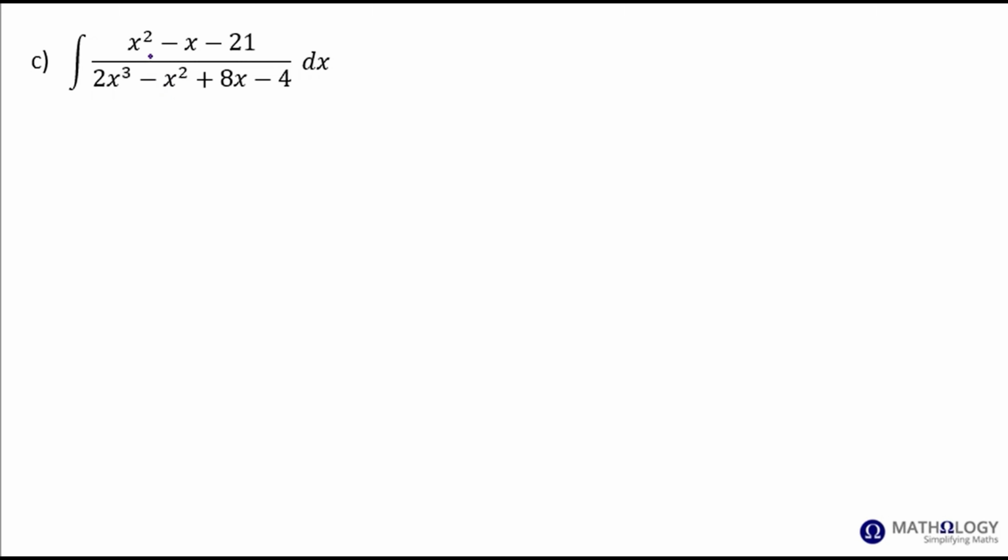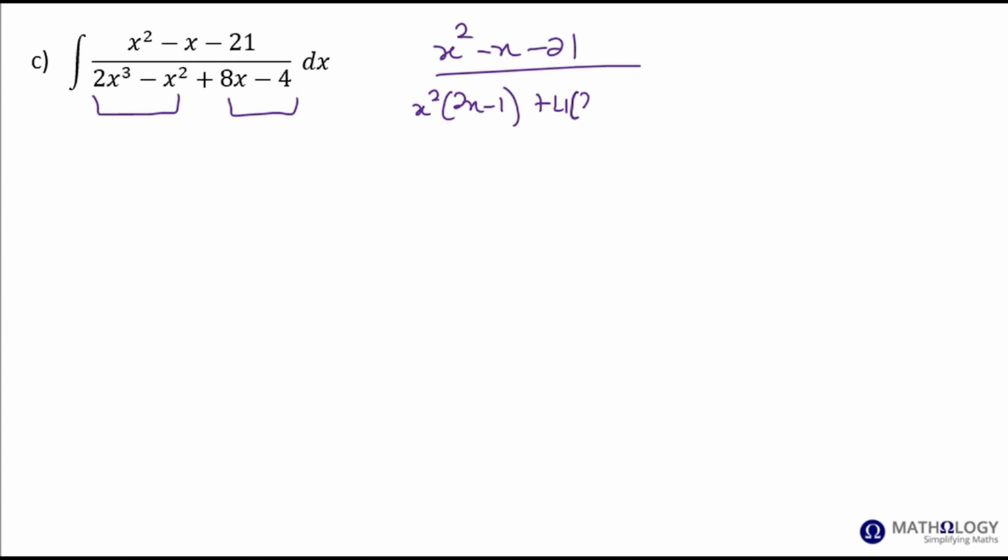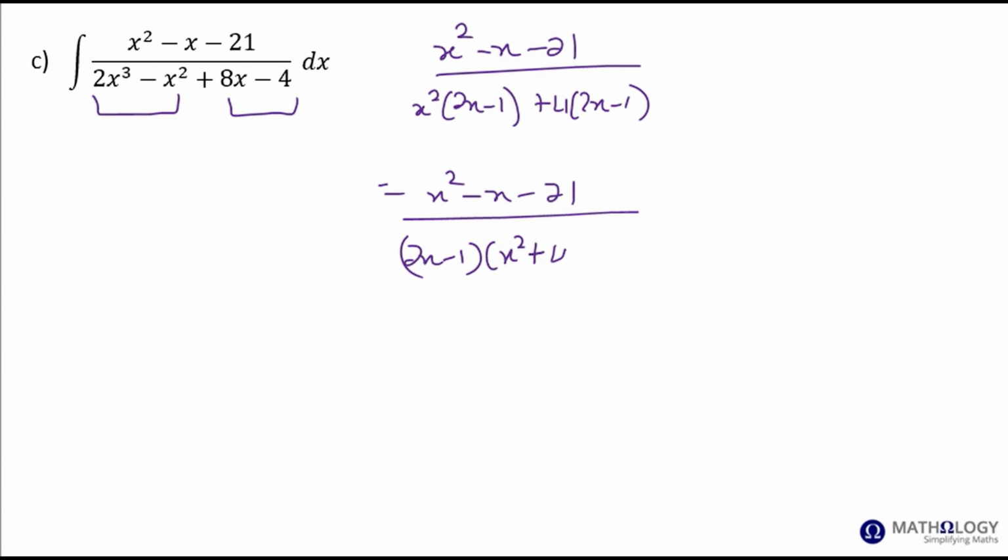Okay, in this example, the numerator will not factorize, but the denominator will. So we have x squared minus x minus 21 over the first two terms. We're going to take out a common x squared, and we're left with 2x minus 1. And from the last two terms, we're going to take out a common 4, and we're left with 2x minus 1. So that equals x squared minus x minus 21 over 2x minus 1 times x squared plus 4.